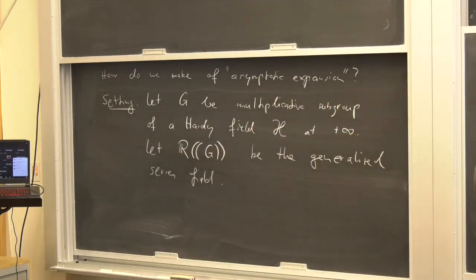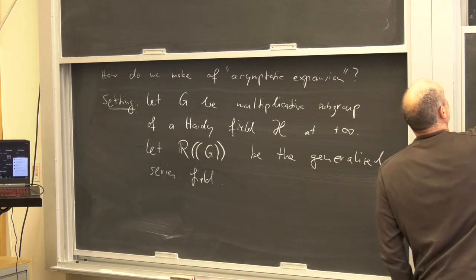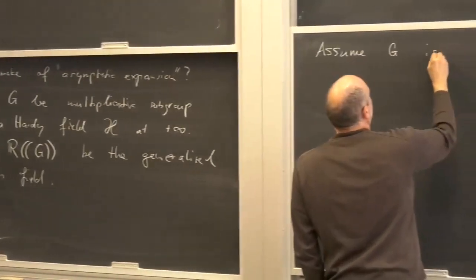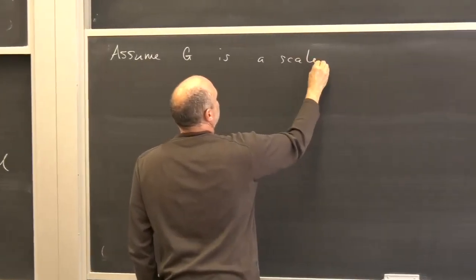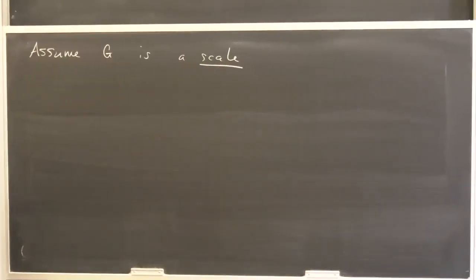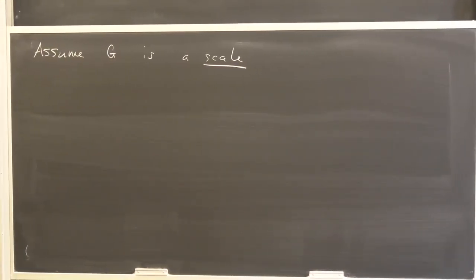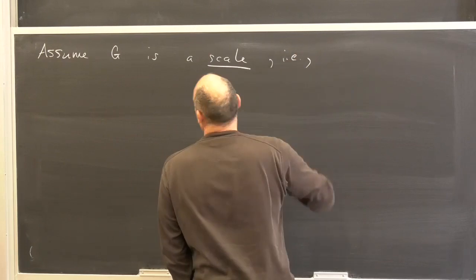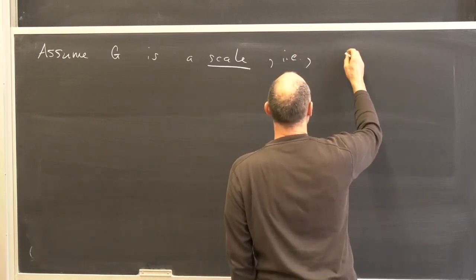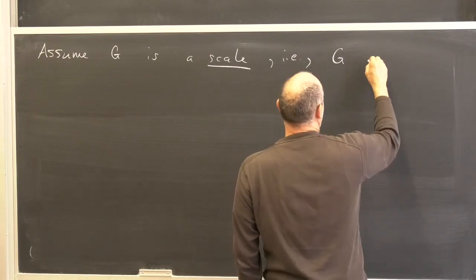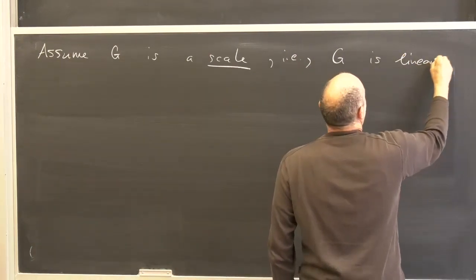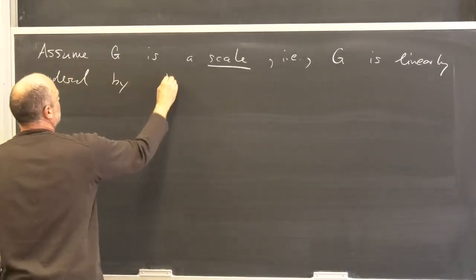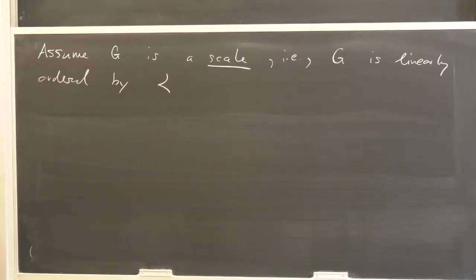Okay, so for that I need maybe one more thing. I want to assume something else about G: that it is a scale, which means I don't have monomials that are equivalent to each other, meaning that the set G is linearly ordered by the dominance relation on Hardy fields.